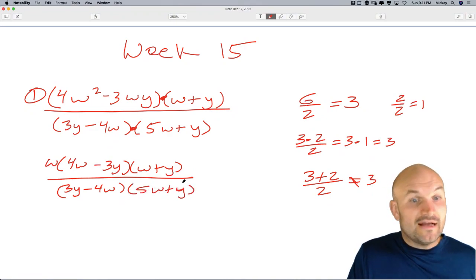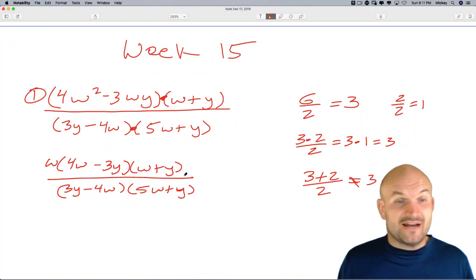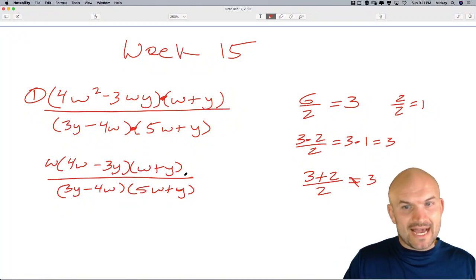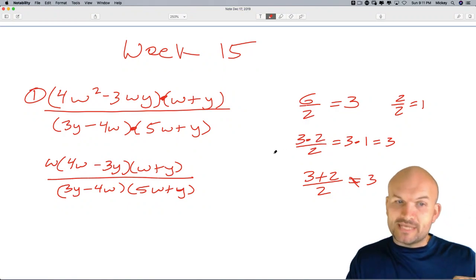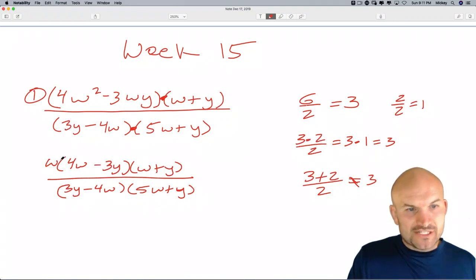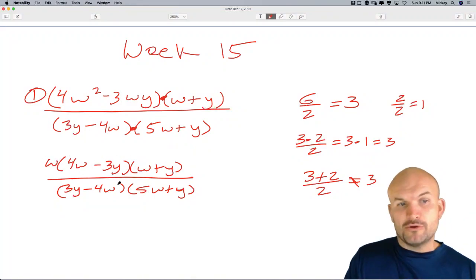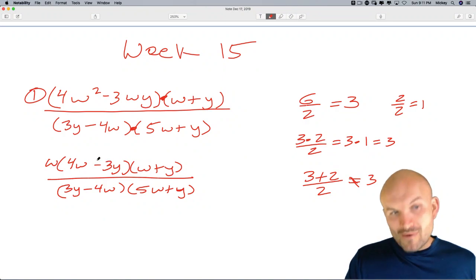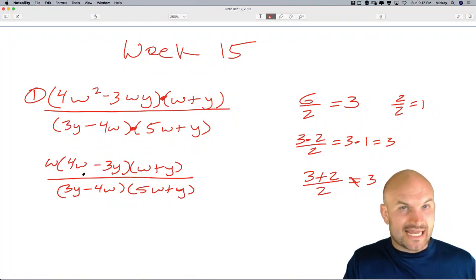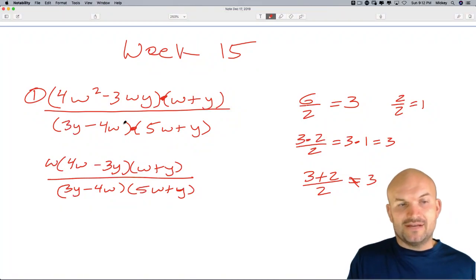Now again, for something to divide out, it has to be exactly the same in the numerator and denominator, separated by multiplication. So we technically have three expressions in the numerator and two expressions in the denominator, and nothing is exactly the same. However, I do recognize that these two terms are pretty much the same, just switched, positive and negative.